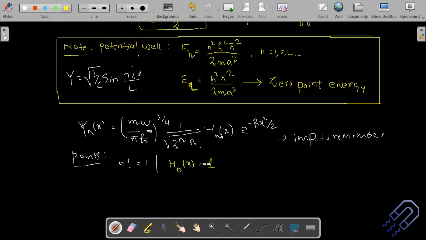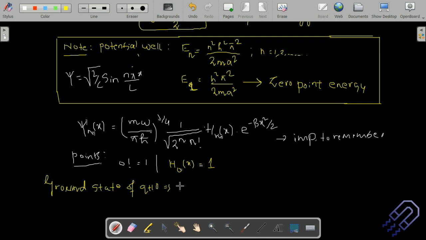If someone tells you to find the wave function at the ground state for a simple harmonic oscillator or quantum harmonic oscillator, you can simply write down this result. So let me write down the ground state of the quantum harmonic oscillator.